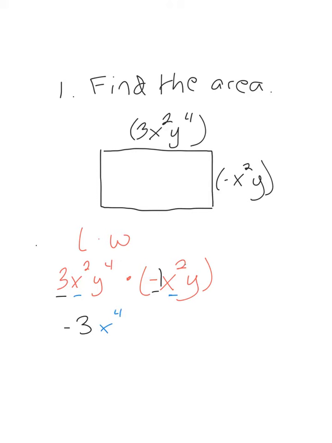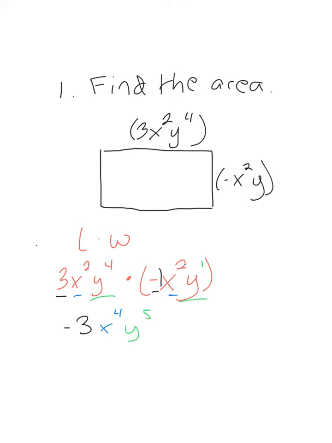And then I go to the y's, the y to the fourth and a y. If you want, put a 1 for an exponent there. So that's y to the fifth. Negative 3x to the fourth y to the fifth.